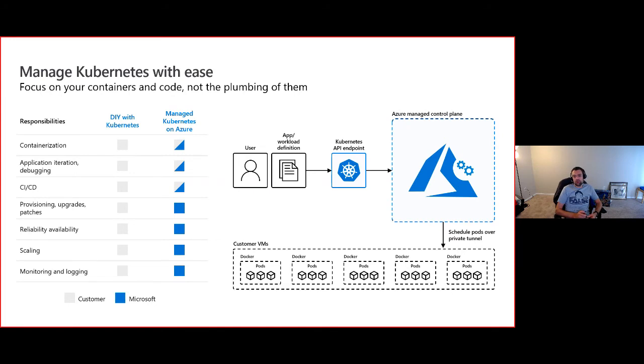And the only thing you have to do is you can still deploy your applications against the Kubernetes API endpoint, and the Azure Kubernetes managed control plane will then go ahead and schedule the actual workloads to run on your virtual machines.